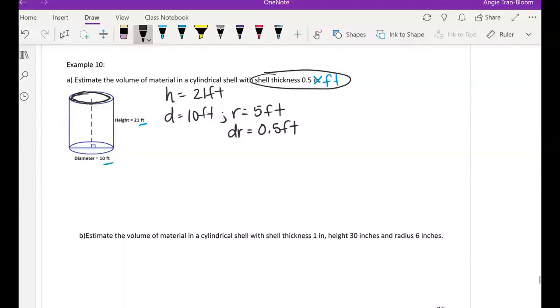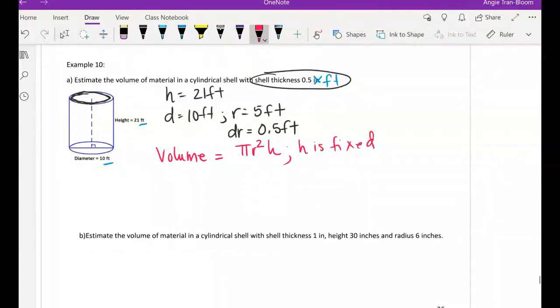So question A says, estimate the volume. Well, what we want to do is write the volume formula down. Volume equals pi r squared times h. The height is fixed because it gave us the height of 21 feet. Okay.